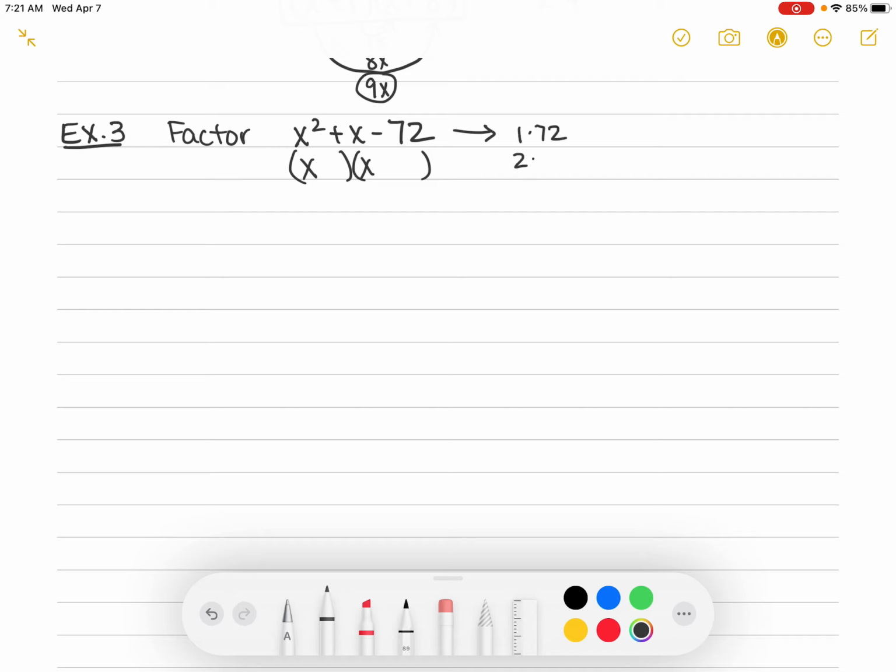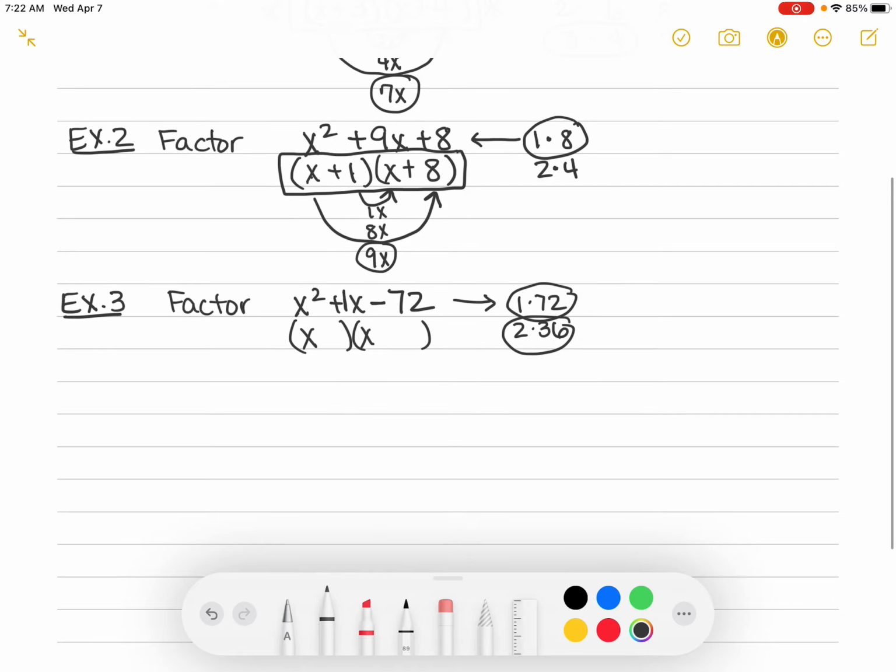What I'm looking for is this middle number to be 1. Because there's a minus sign in there, if the minus sign is at the end, I will be subtracting these numbers.